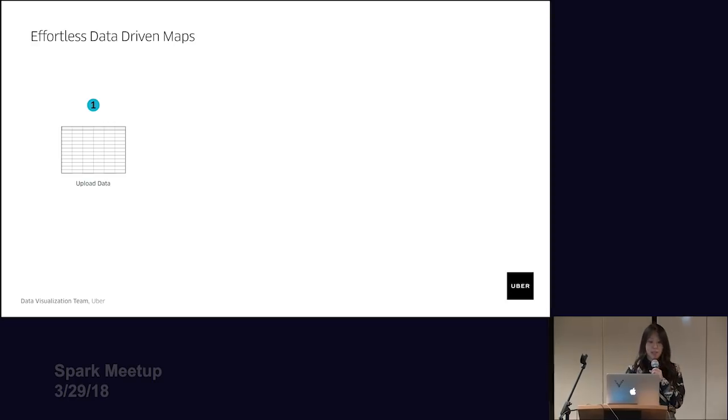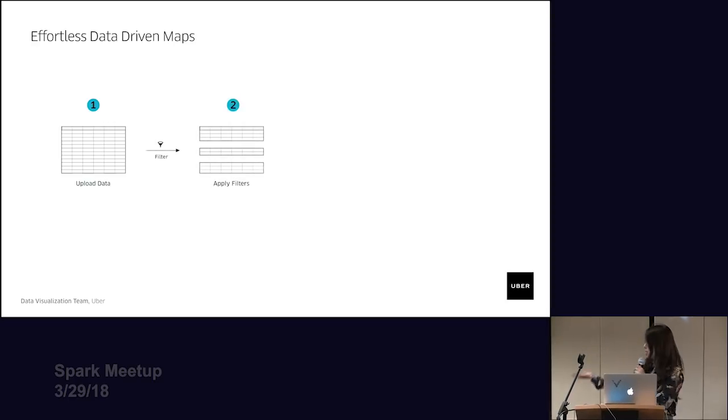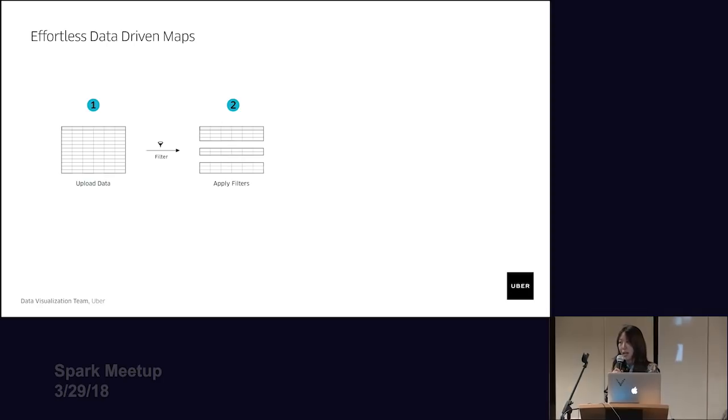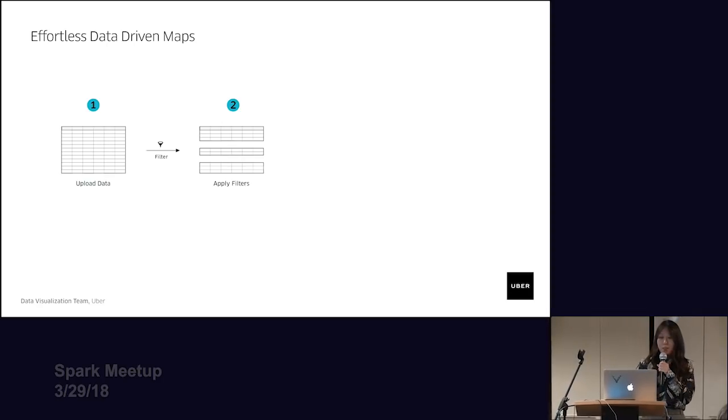create beautiful maps. So the basic flow is that you upload any kind of data set you have to the browser. Usually the browser can handle up to like 500 megabytes to 1 gigabyte of data. Obviously, you do some cleanup before that. And then you apply the filters that the tool provides based on whatever data type you have.